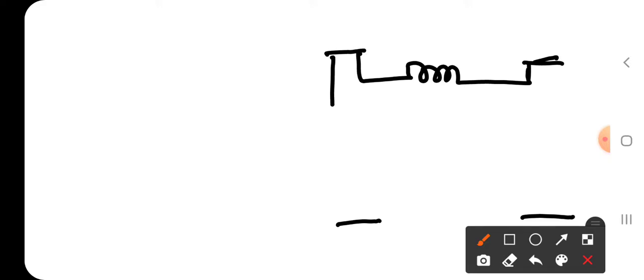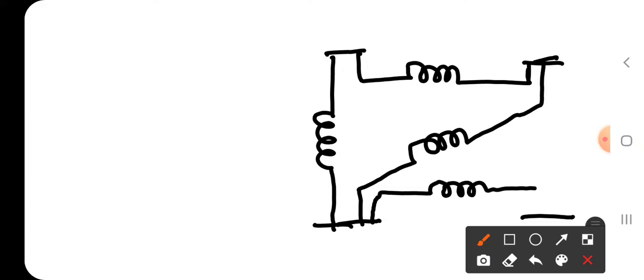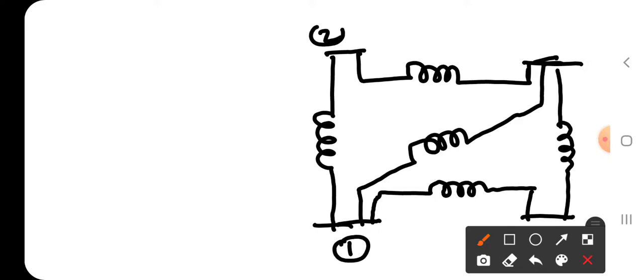Moreover, if these values are represented by minus j, it means he has given the admittances. If he gives the values as plus j, that means he has given the reactances or impedances. This you have to remember. He has given a 4-bus system: bus 1, bus 2, 3, 4.